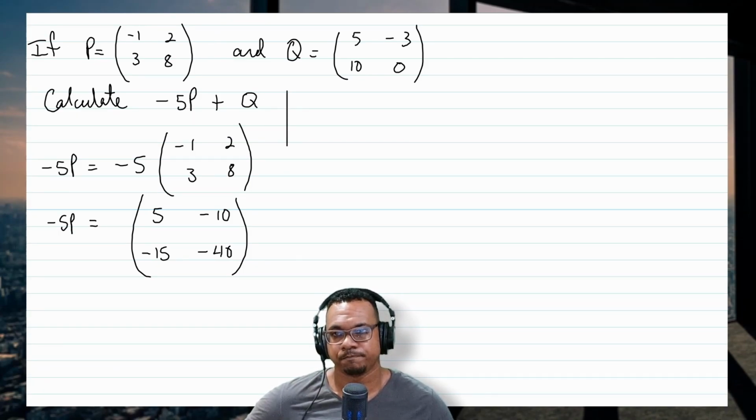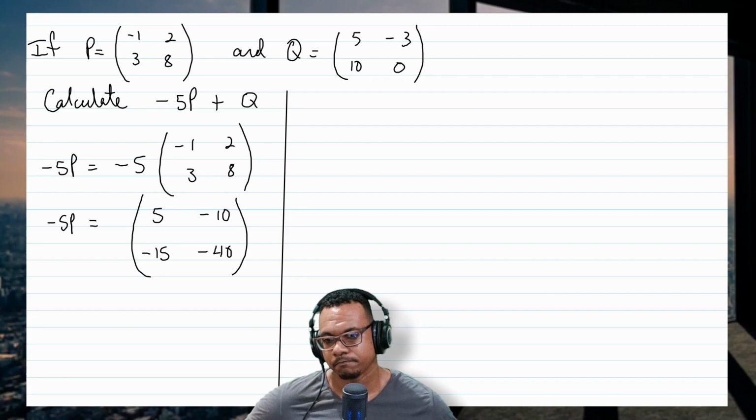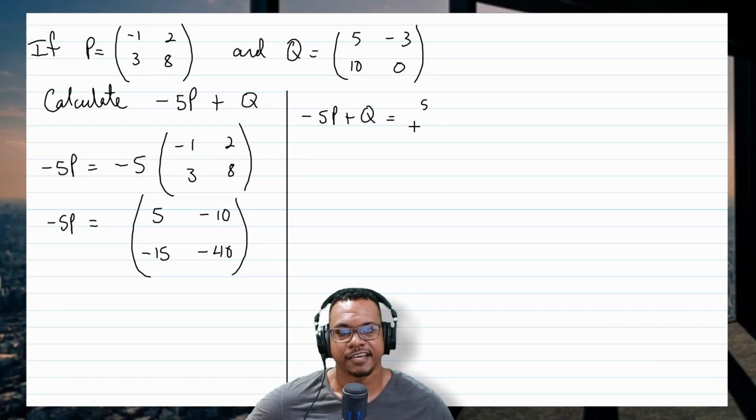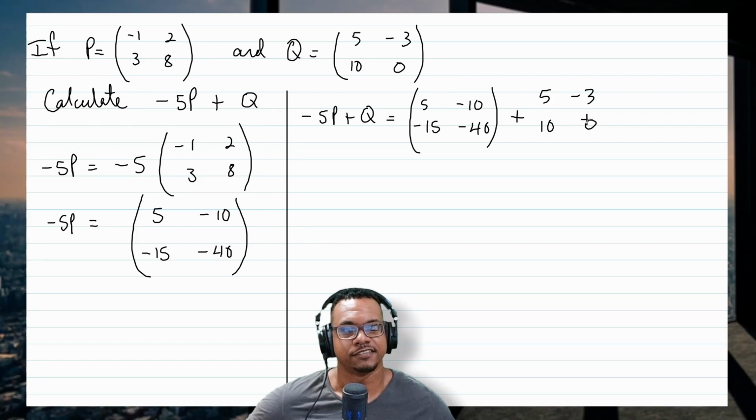Now we'll call this part here. So it's -5p plus q is equal to that answer 5, -15, -10, -40 plus q, which is 5, 10, -3, and 0.